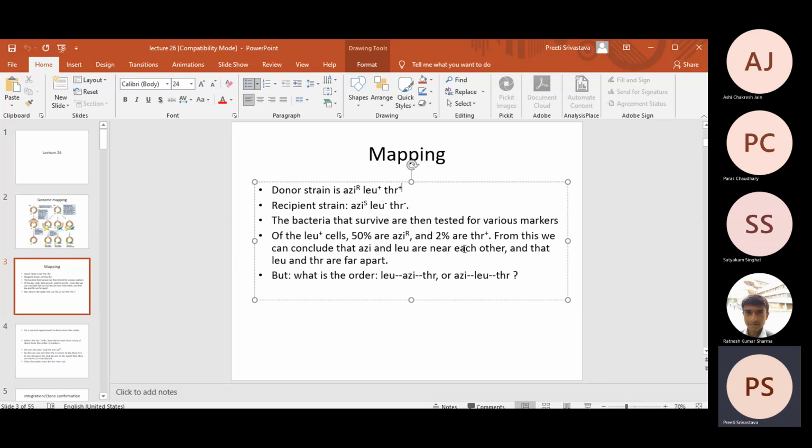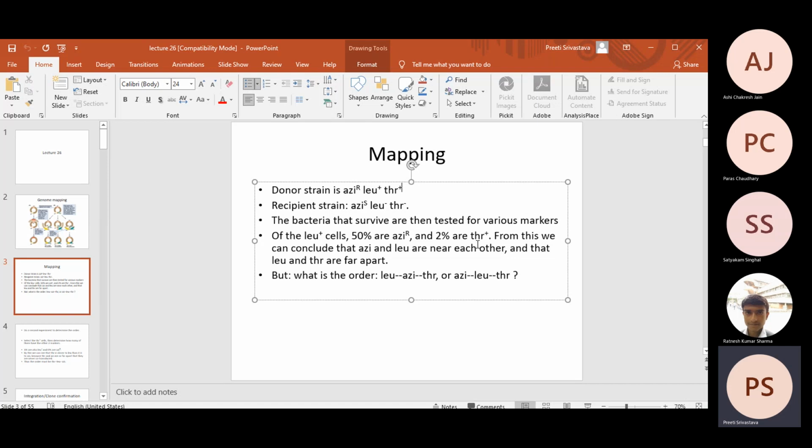This tells you that Leu and Azi are close by, because you have 100% Leu and 50% Azi, but only 2% are threonine plus. So it seems leucine and threonine are not so close, right? Because leucine is 100% and threonine is 2%.